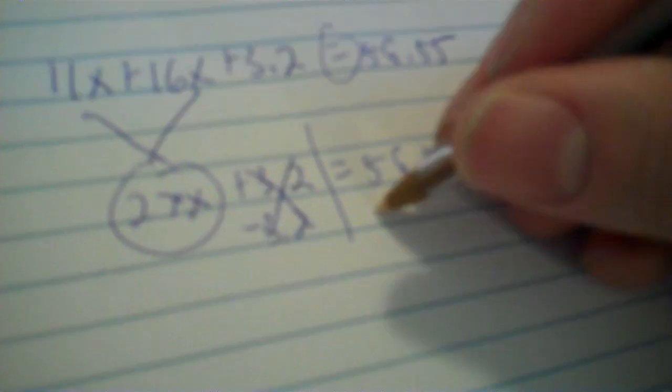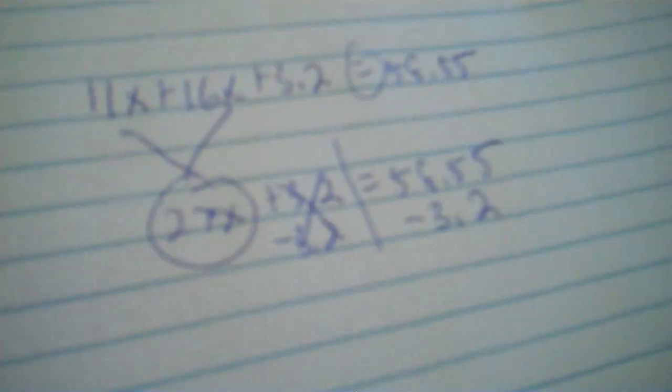Okay, so I minus the 3.2 from each side. Okay, 55.35. Remember to get your decimals in. Then you need to divide by 27.